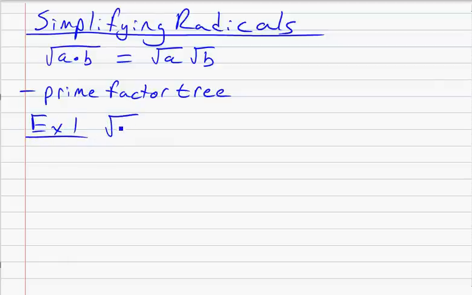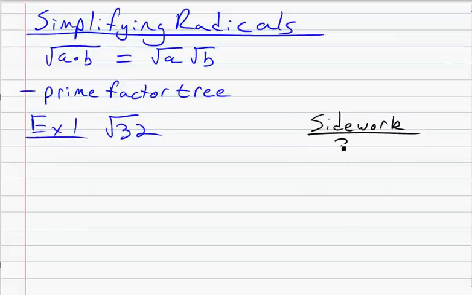Start with the square root of 32. If I want to simplify the square root of 32, I want to look for perfect square factors. So I'm going to do a prime factor tree. Put my side work over here. And my side work is going to be that factor tree. With a factor tree, it doesn't matter how I start.